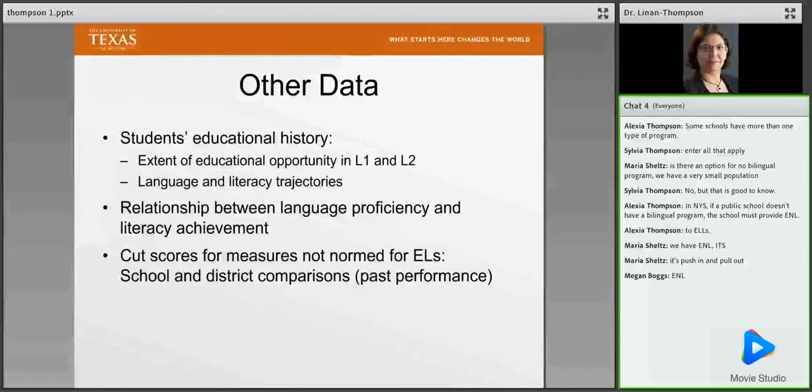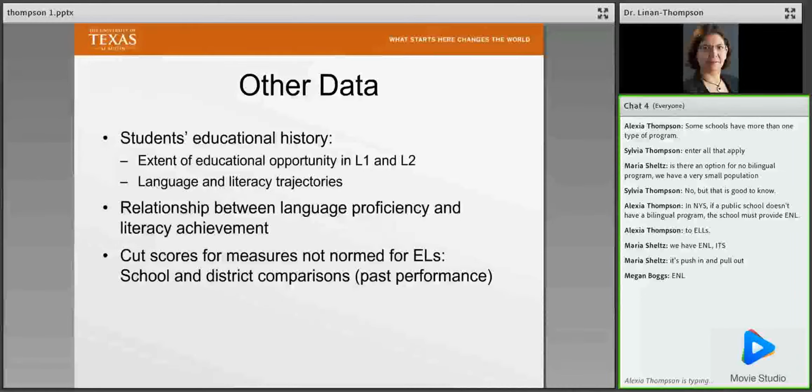Again, I'm not sure in New York how much mobility there is or what the likelihood is that children will move from a bilingual program into an ESL program or from an ESL program into a bilingual program, because different programs are offered in different schools or districts. But that's something that happens and would have an impact. And then again, looking at both their language and literacy trajectories.